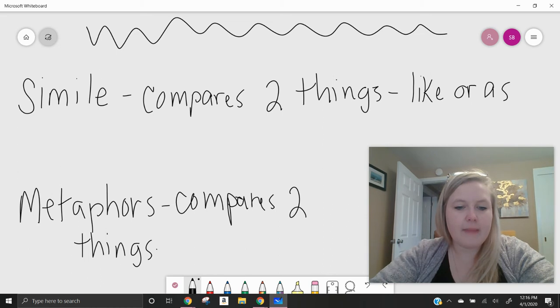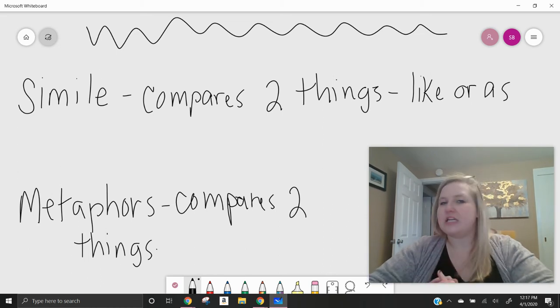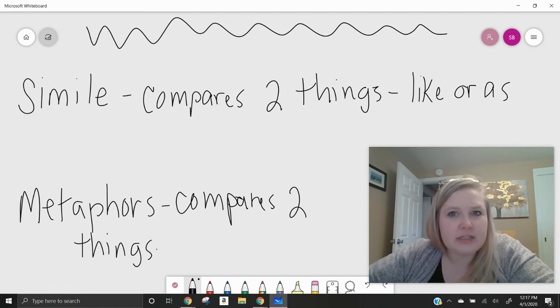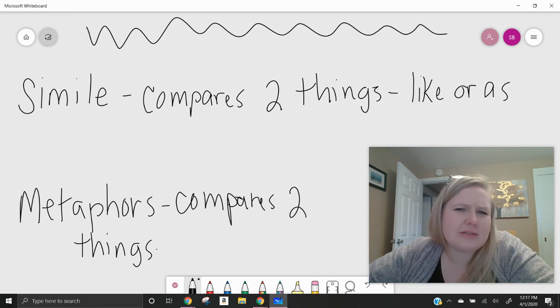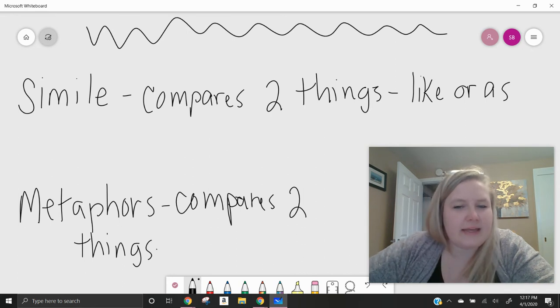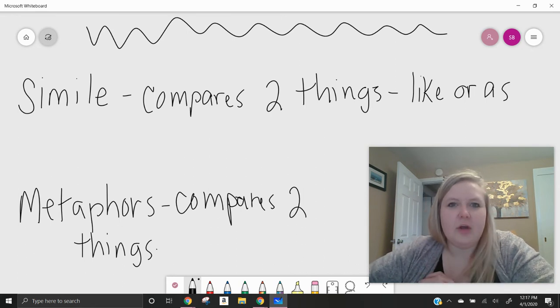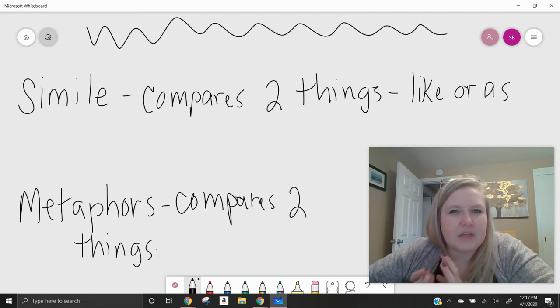Now, the metaphor, okay, it compares two things, does not use like or as. Metaphors are a little bit harder, I think. Similes, pretty straightforward, compares things like or as, good to go, right? But metaphors are more in-depth kind of way of comparing things.